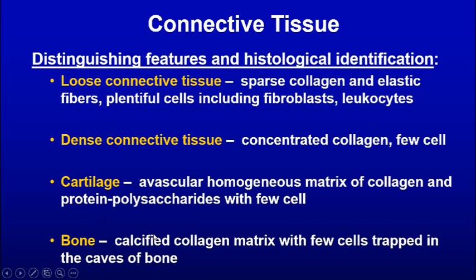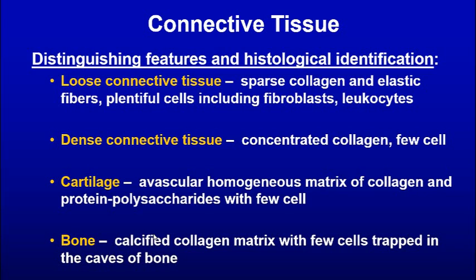So there's connective tissue. Of the connective tissue, there's different types. What's important in connective tissue is the extracellular matrix. So we name it for the extracellular matrix. Loose connective tissue is few fibers and lots of cells. A dense connective tissue is a lot of fibers, few cells.